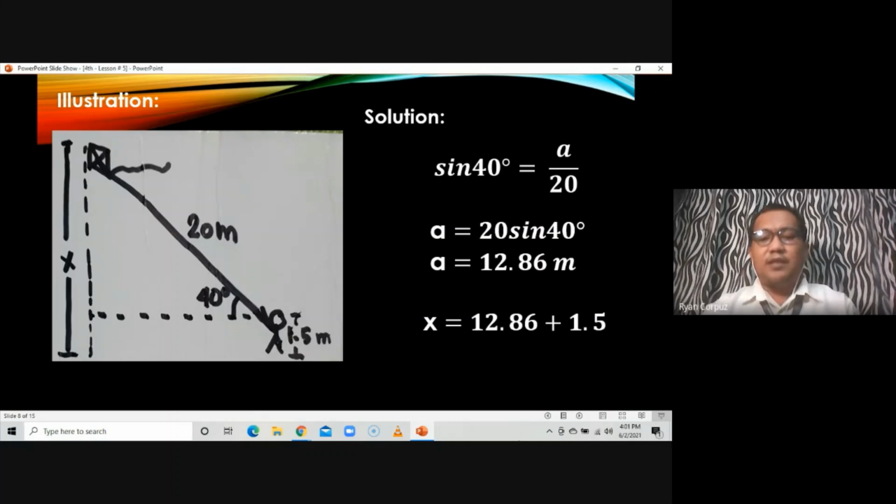So 12.86 plus 1.5, simple addition, will come up with the value of x, which is equal to 14.36 meters. So, yung kite is 14.36 meters above the ground. So, that's how we solve problem number 2.